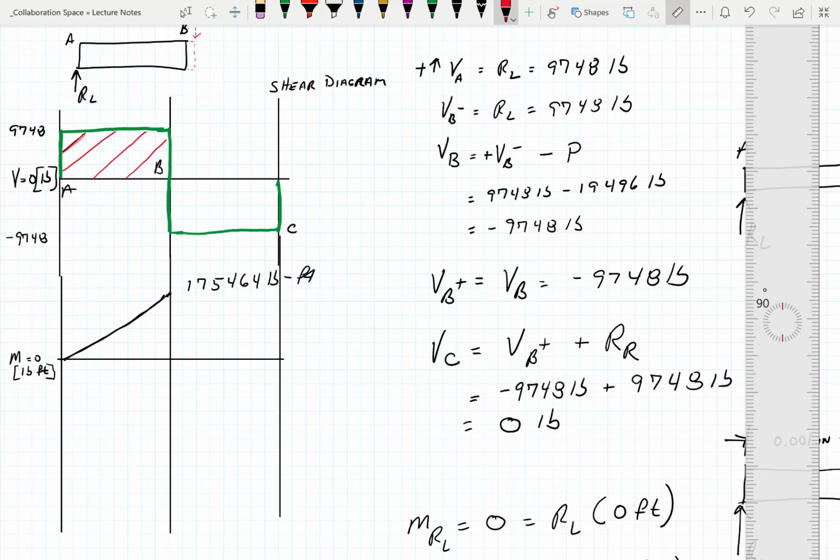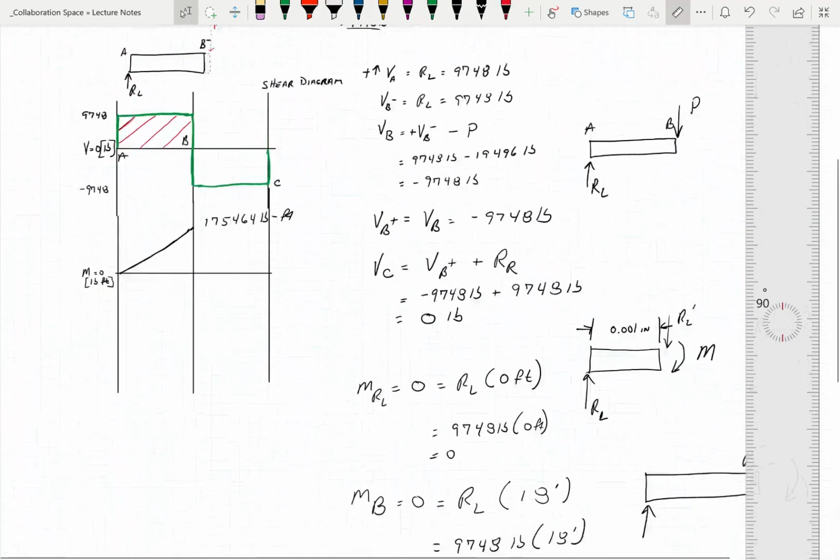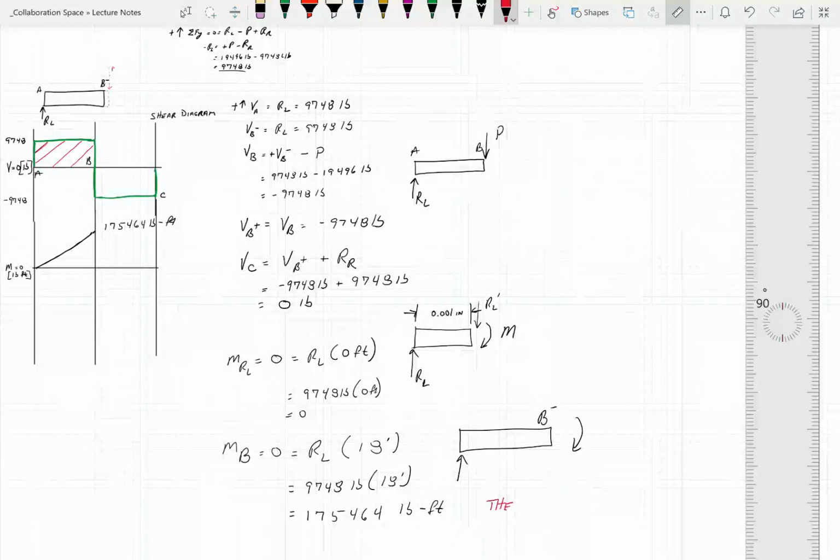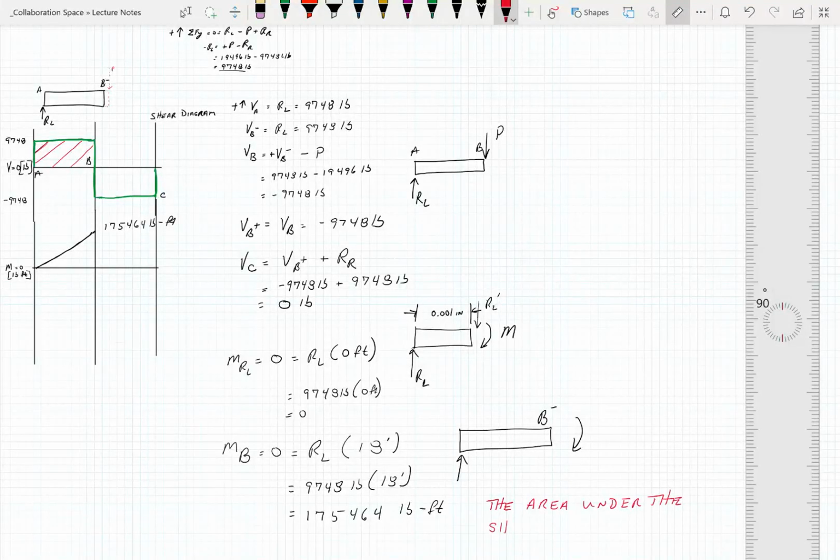Okay? And the proof in that little pudding is, okay? It's as simple as that.